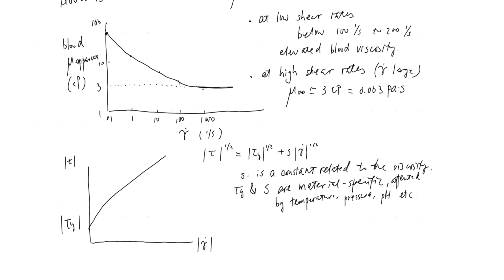But once you fix that condition, then the tau y and S are constant. They are independent of the shear rate, gamma dot.